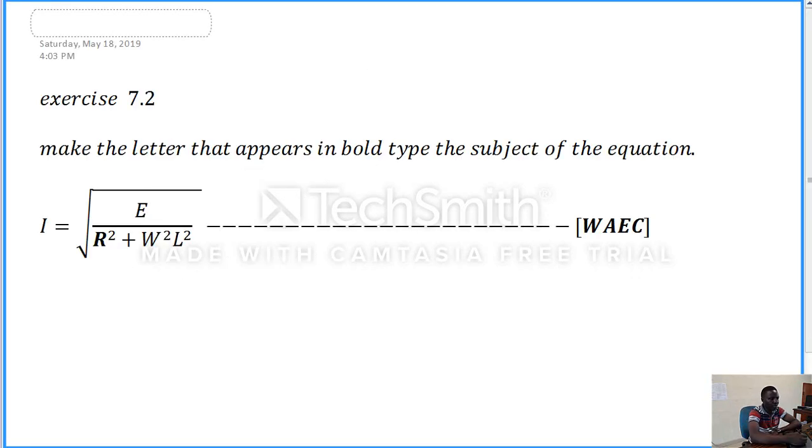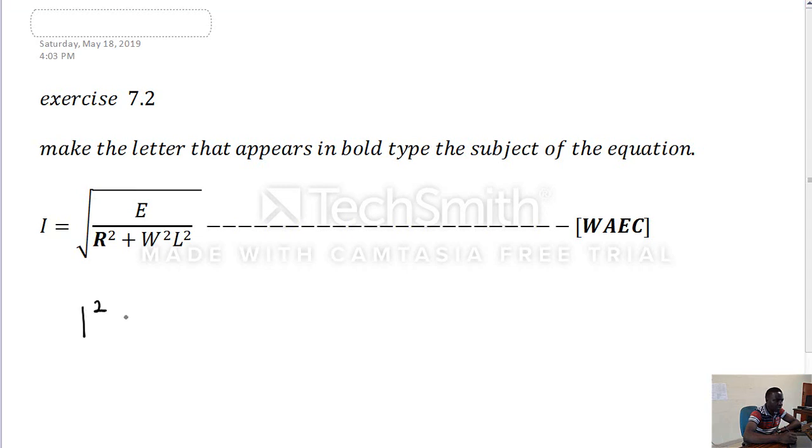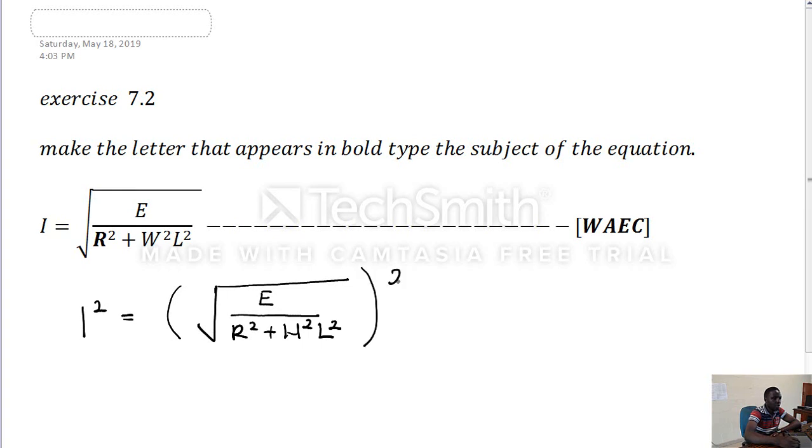We are asked to make capital R the subject of the formula, and like what we have been doing, we are going to undo the operation of square root, which is to square both sides. And when you square both sides, we are going to have I squared is equal to the bracket, square root of E divided by R squared plus W squared L squared, all squared.